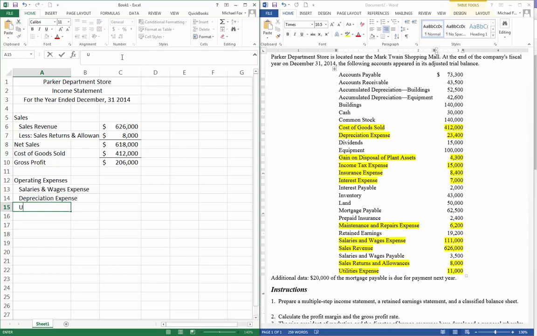We had utilities. All right, so those are all of our operating expenses.